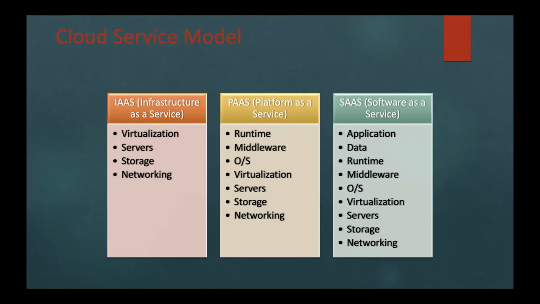And the servers, means the physical machines, the storage and the networking. So these are the things which will be set up by the cloud if you go towards the infrastructure as a service. So what you can do, you can create your application and then you can take those servers from the cloud vendor, the storage, whatever you need, whatever networking between virtualization, they will set up each and everything.